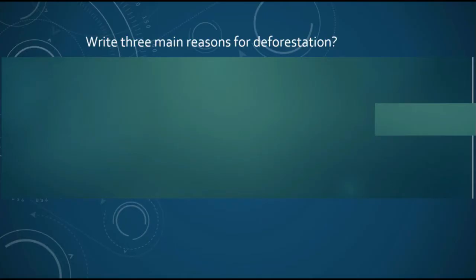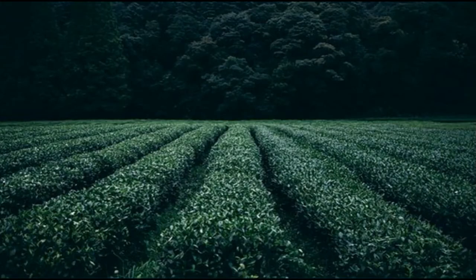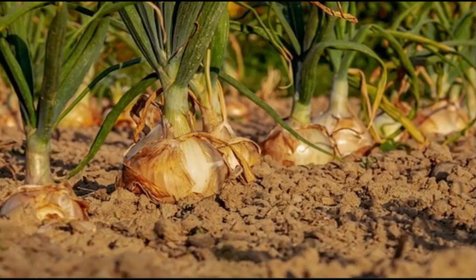And what are the reasons? Why do we clear the trees? Because we need to cultivate crops which are the main source of our food. More the population, more crops are required.